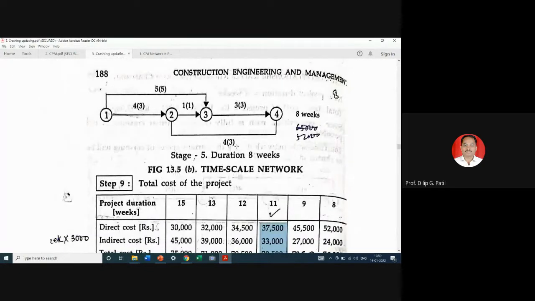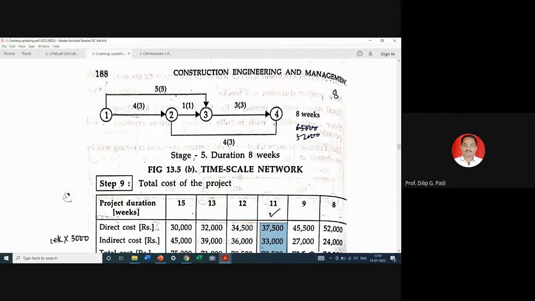That is why it is called the time scale version of the network, because here you will see that the actual arrow will represent that particular time duration.